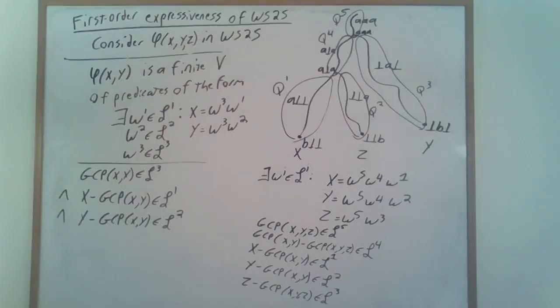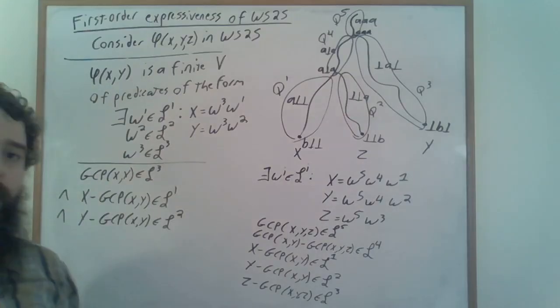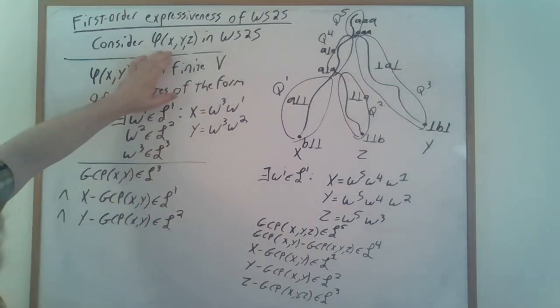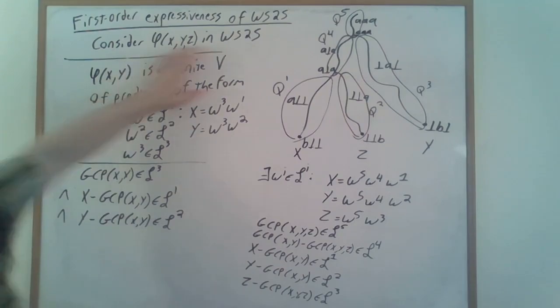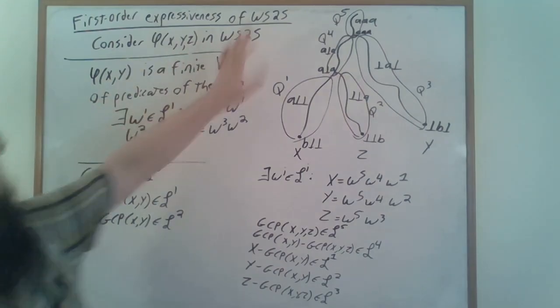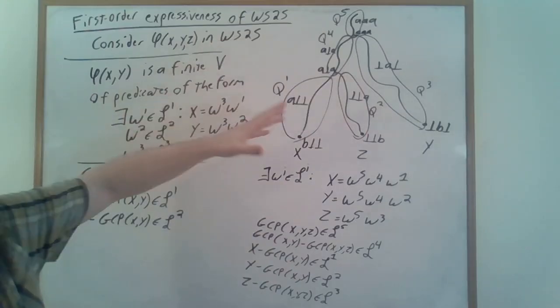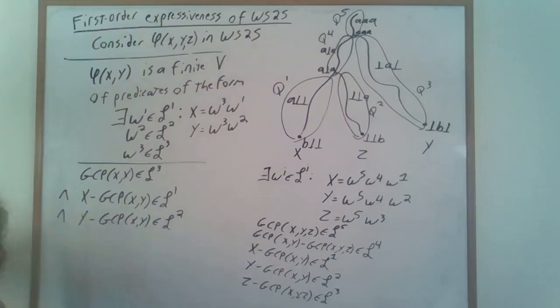So that's kind of neat. I wonder if anything happens out of that. And importantly, you can show that all of these things are things that the word logic can talk about. So again, just like when we were comparing weak S1S with Büchi Arithmetic, we see that anything that doesn't involve finite sets of words that weak S2S can talk about, the word logic can talk about. The only thing that weak S2S can talk about that the word logic can't is finite sets of words.